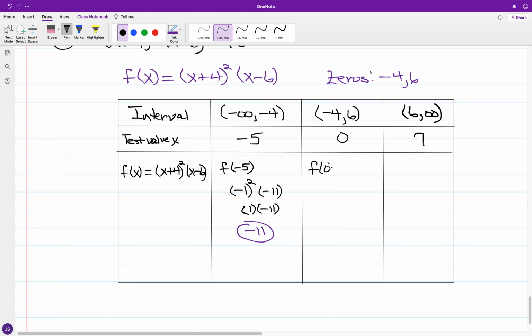For f of 0, we got 0 plus 4 is 4, which will be squared. 0 minus 6 is negative 6. 4 squared is 16 times negative 6, and we have for that output negative 96.